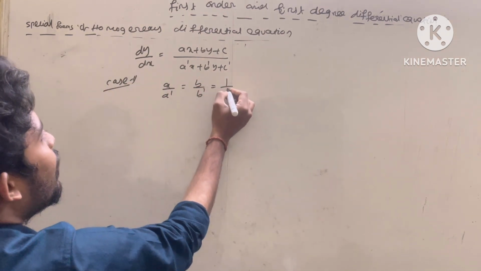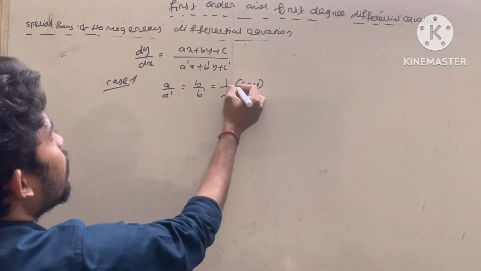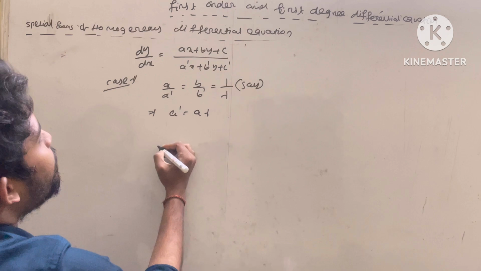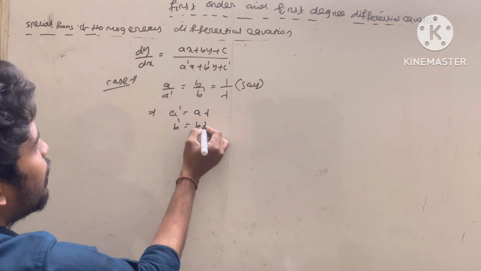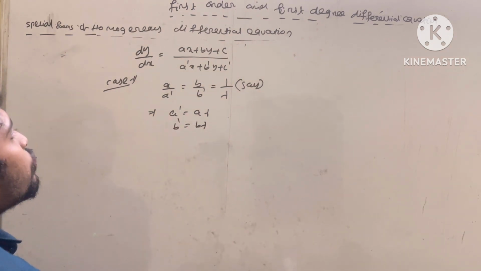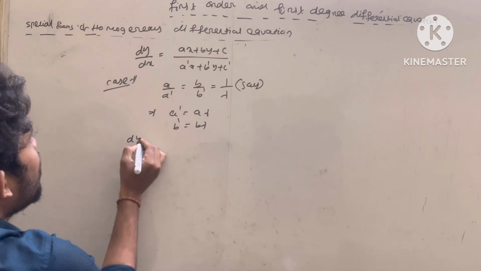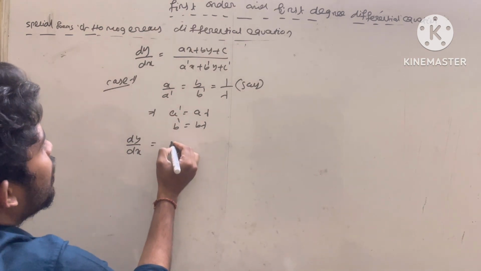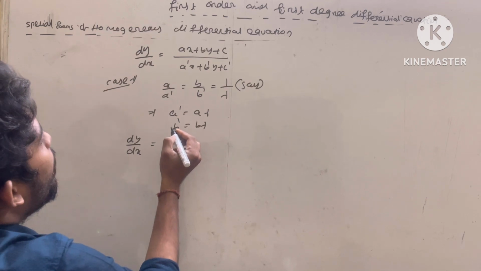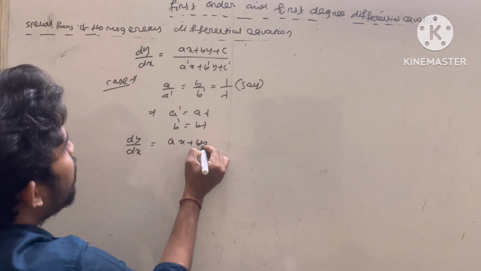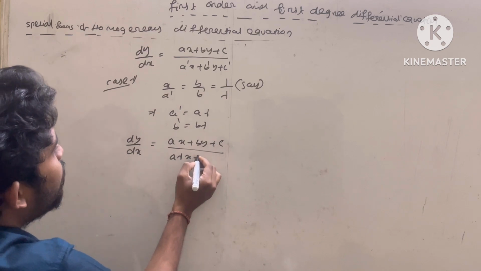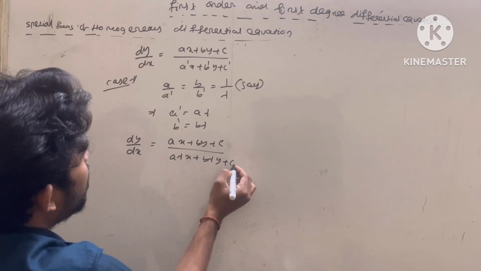So take 1 by lambda, say, so it becomes a dash is a lambda and b dash is b lambda, right? So now dy by dx becomes (ax plus by plus c) divided by (a lambda x plus b lambda y plus c dash).